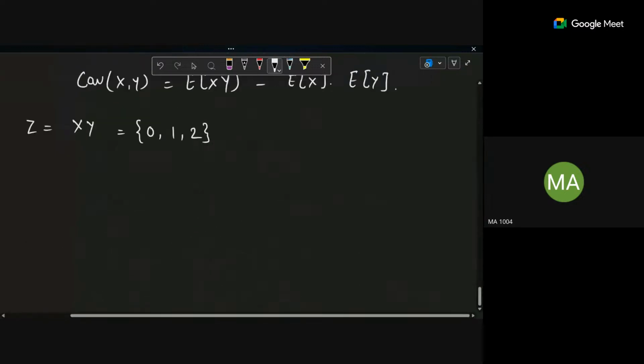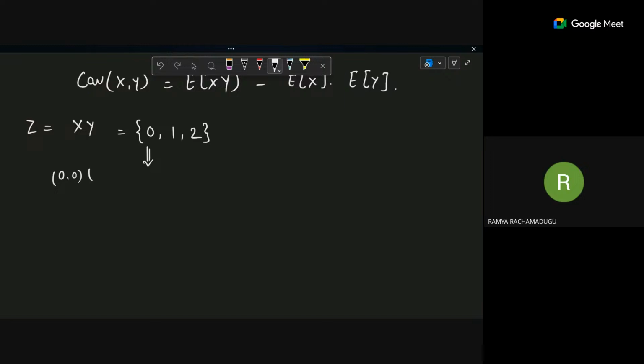So what's the probability that your xy is taking value 0? Whenever your xy pair will be like 0, 0, or X is 1, Y is 0, or 0, 1, or 0, 2, right? X is 0, Y is 2. We can simply calculate the marginals from the table.